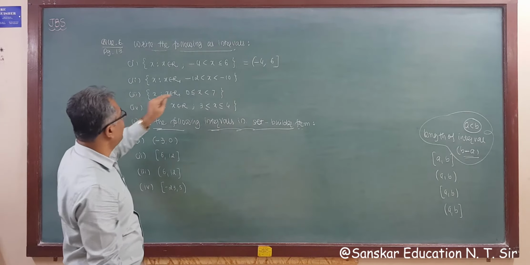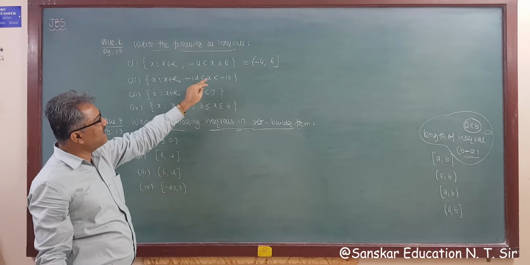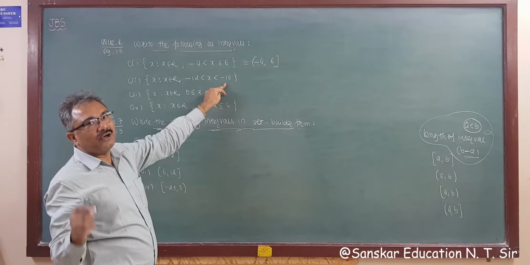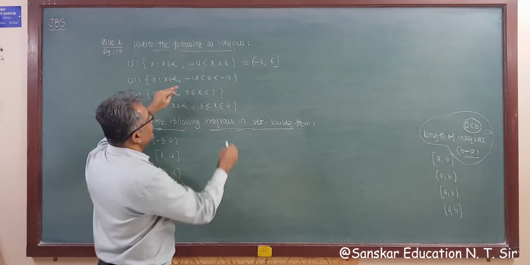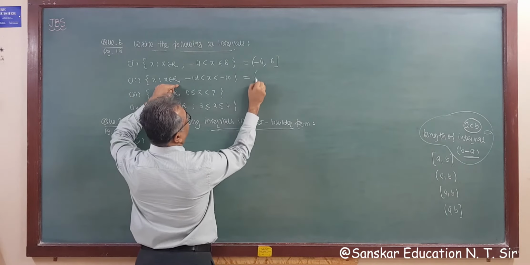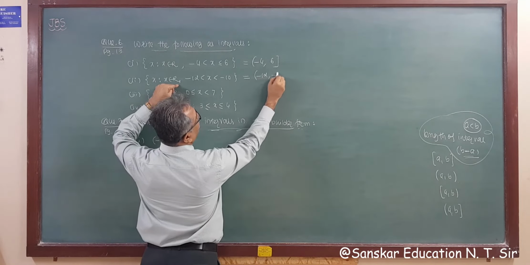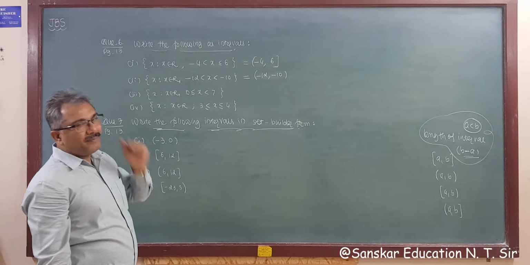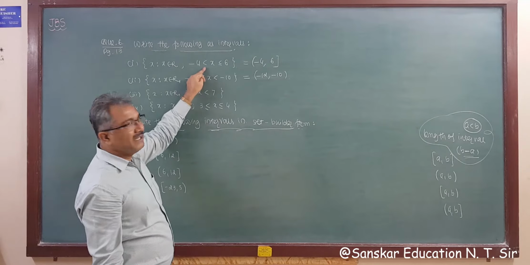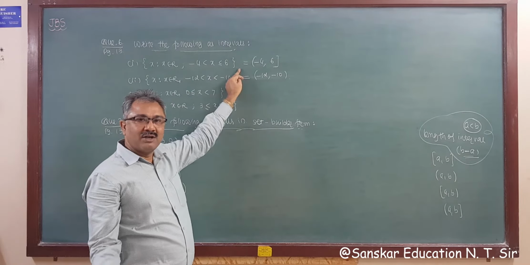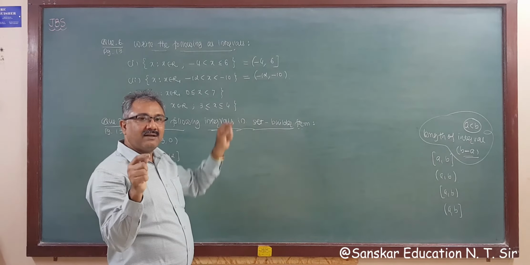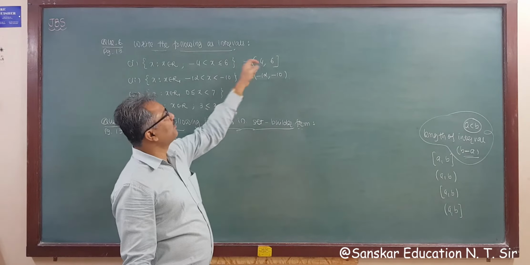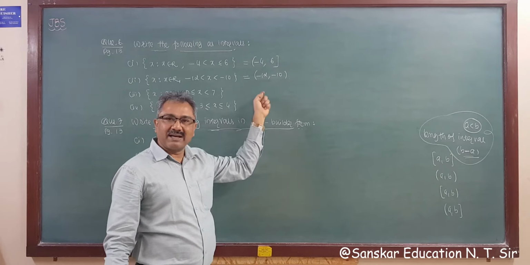Now the second question, x belongs to R, minus 12 less than x less than minus 10, which means minus 12 and minus 10 are not included in the interval, so the answer will be the open interval (-12, -10), right? So remember one thing, if it is only strict inequality, then you have to put small brackets, and mixed inequality, meaning less or equal to, then you have to put closed interval, that is square brackets, okay?